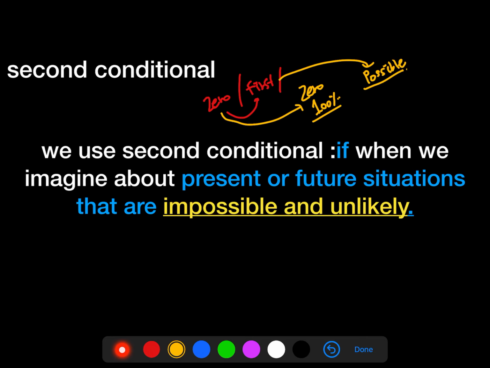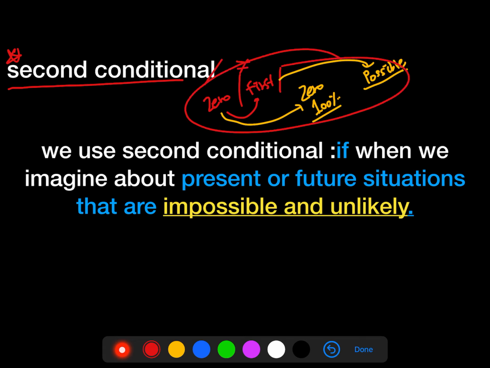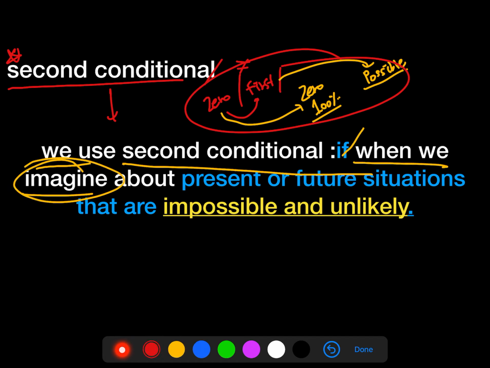However, second conditional is quite difficult and it's pretty opposite from zero and first conditionals. So as you have read already, let's read the definition again. We use second conditional when we imagine. This is the point. Not going to happen.